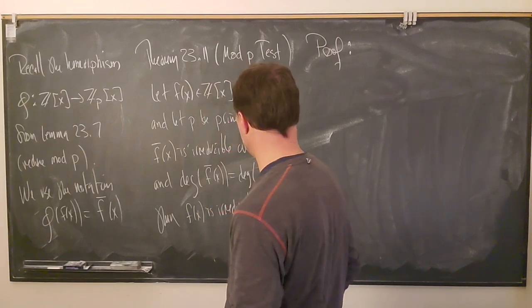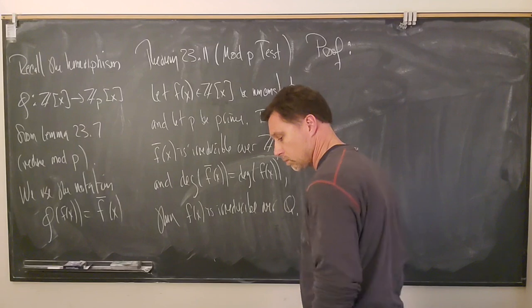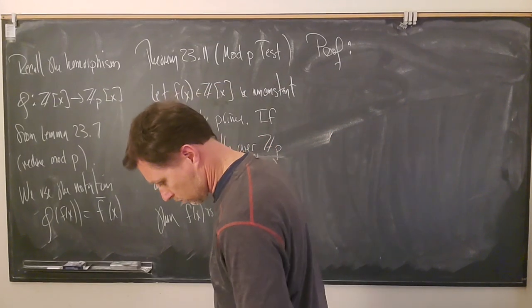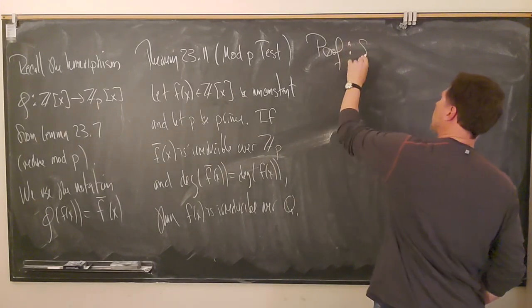So let's see, what do we need to do? Well, let's assume that the hypotheses hold. We're going to go for a contradiction, right? So suppose, let me set the stage here.